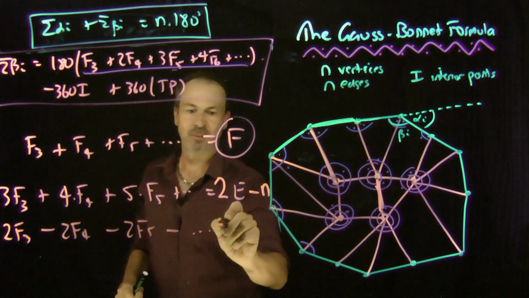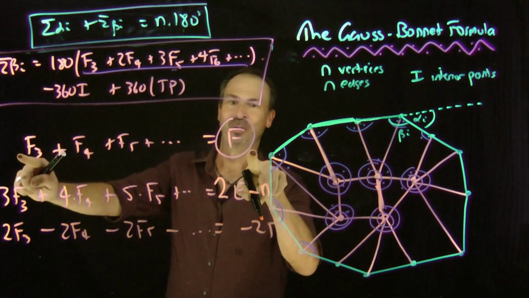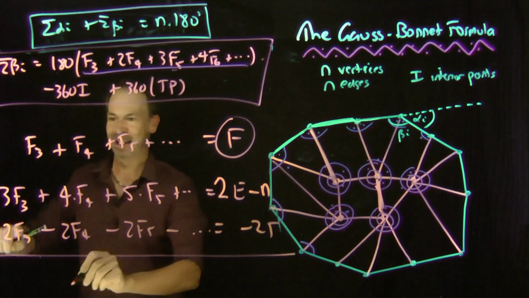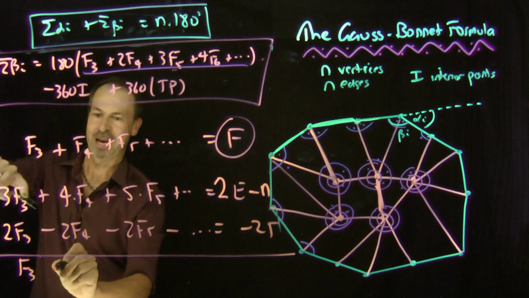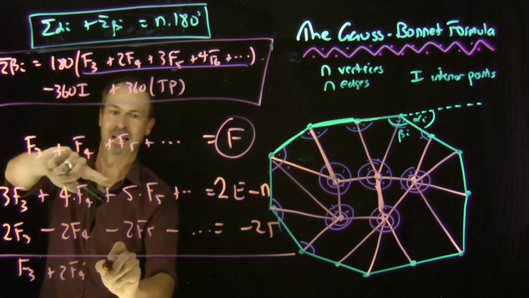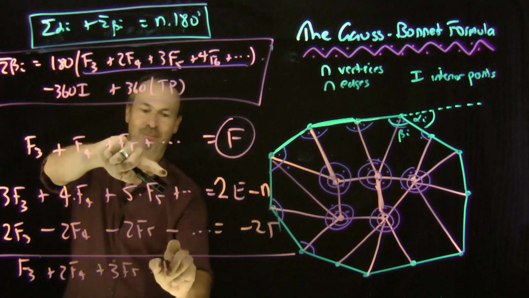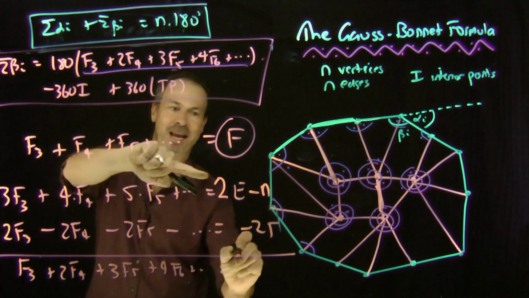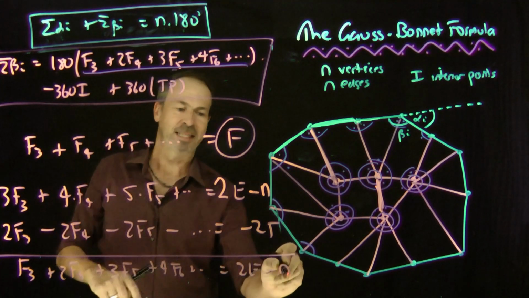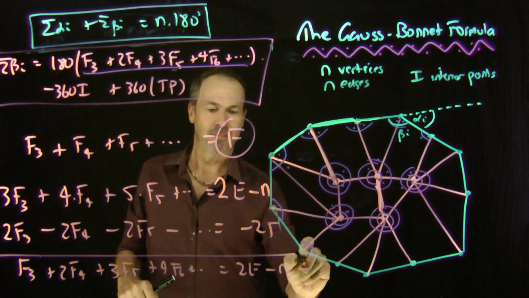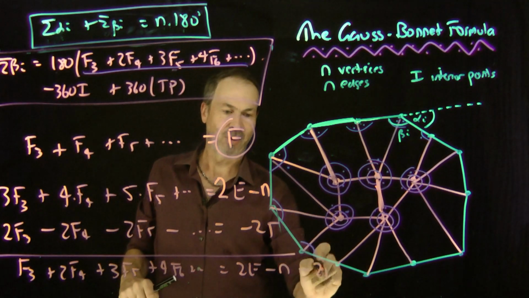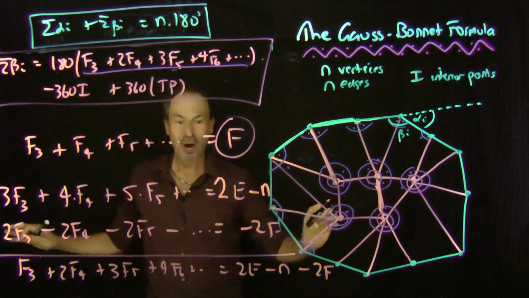That is, I'm really just subtracting 2 f's. And what will I have? I'll have a single f3 plus 2 f4s plus 3 f5s plus 4 f6 and so on would be 2 times the edges minus n minus 2f. There we go. Beautiful.